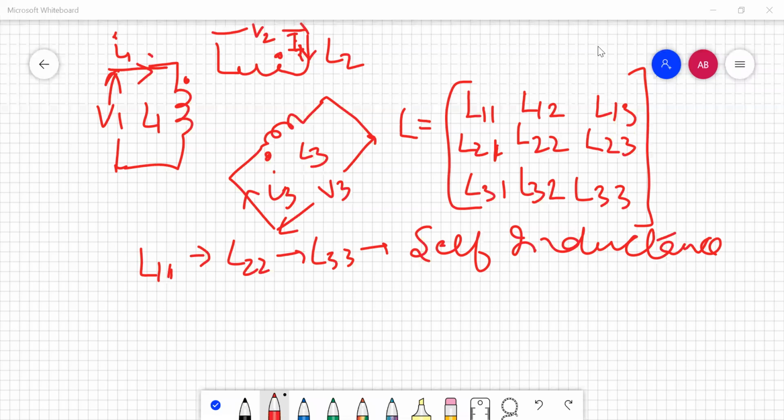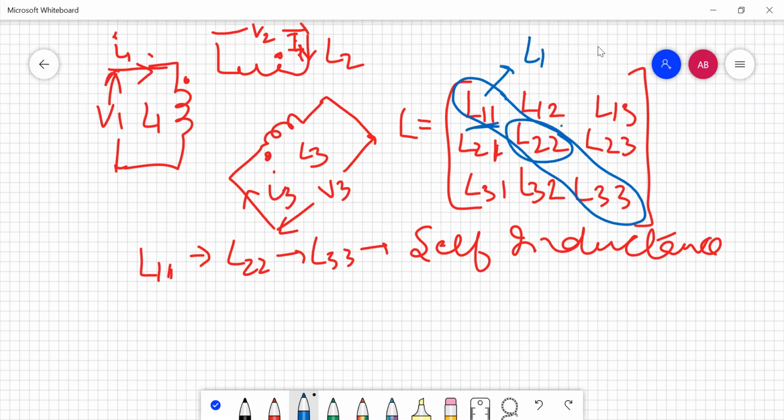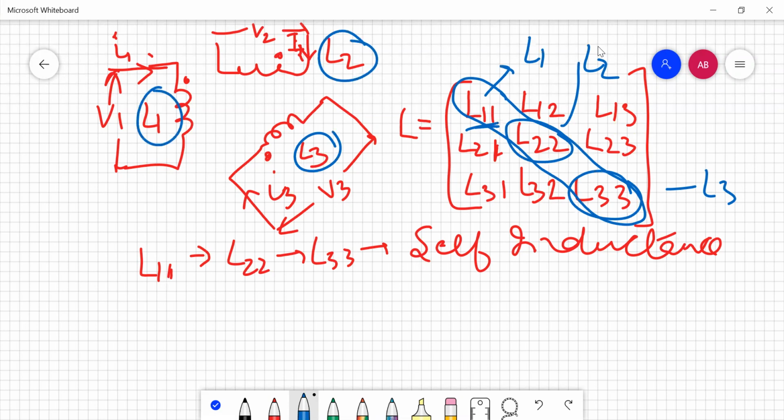So here just see that these diagonal elements represent the self-inductance. L11 stands for L1 only, L22 stands for L2 only, and L33 stands for L3 only here. This is the self-inductance of these coils. Now basically the mutual inductance is given when the subscript is different. So that means L21 and L12 is the mutual inductance between coil number 1 and coil number 2.